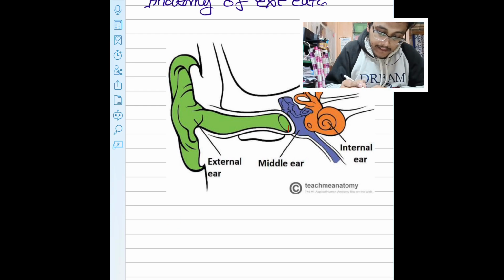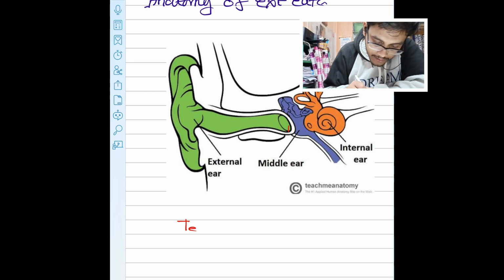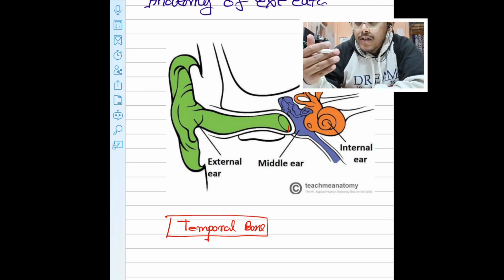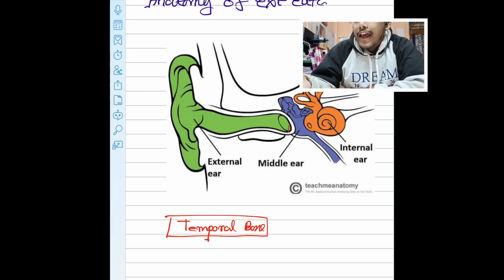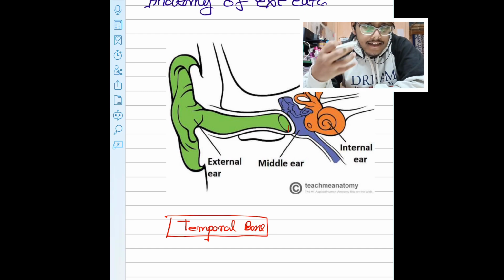We will discuss the anatomy of the temporal bone also, especially when we discuss the mastoid and its relation with the mastoid and the surgeries of the ear. We will discuss that later, but let's discuss the external ear, whatever we can see from outside.